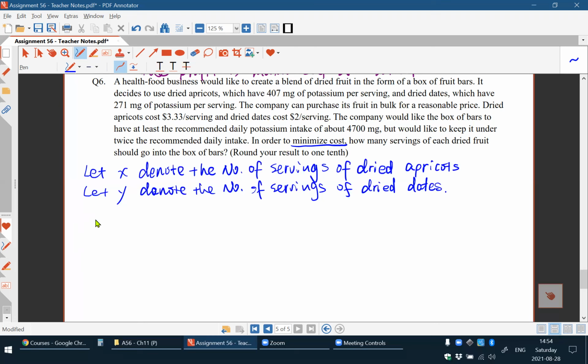Okay, so your target is to minimize cost. The cost comes from two sources, right? One is from the number of servings of dried apricots. It says for apricots, the cost is 3.33 per serving, so that cost is 3.33x.